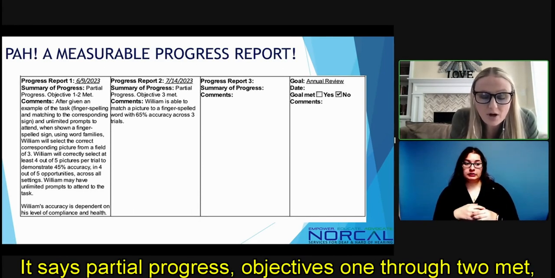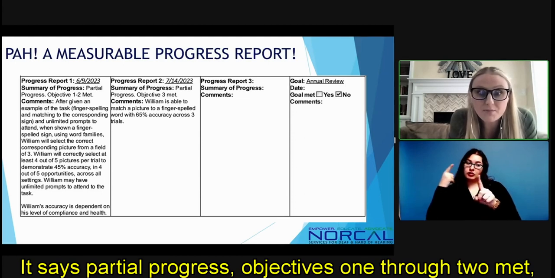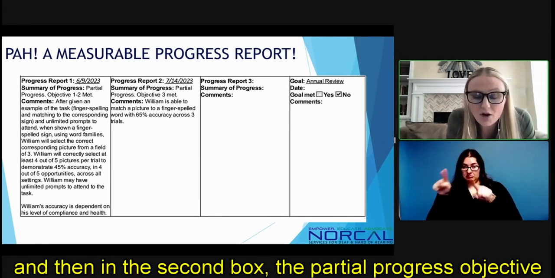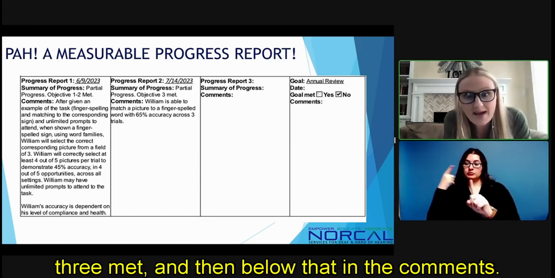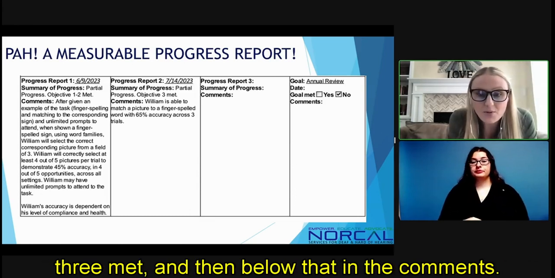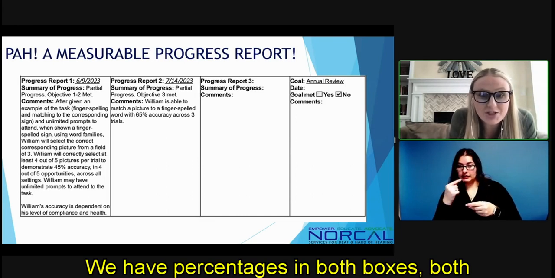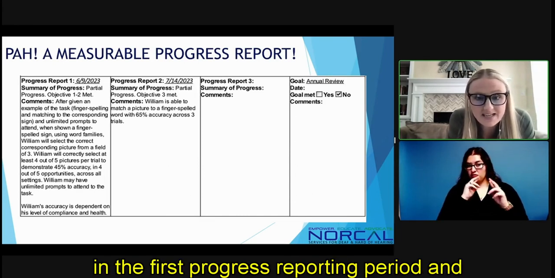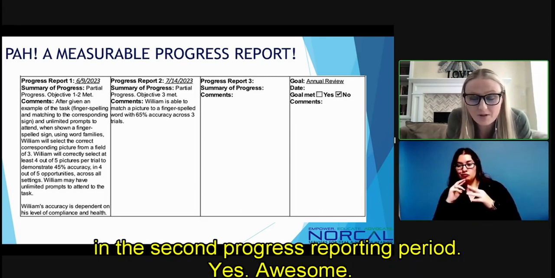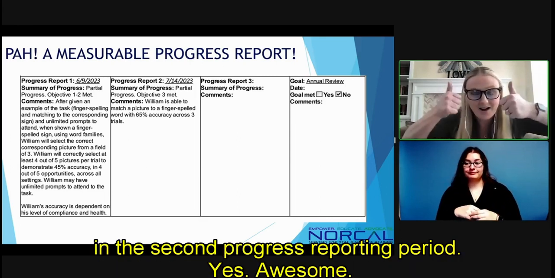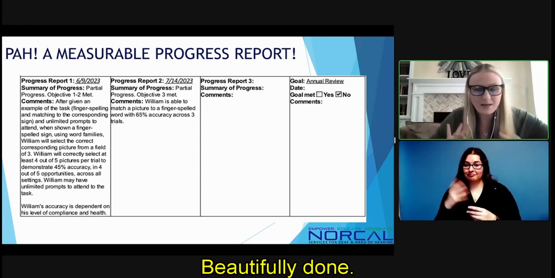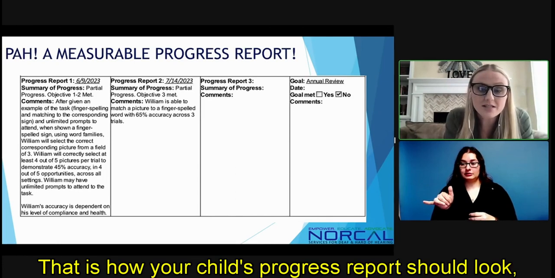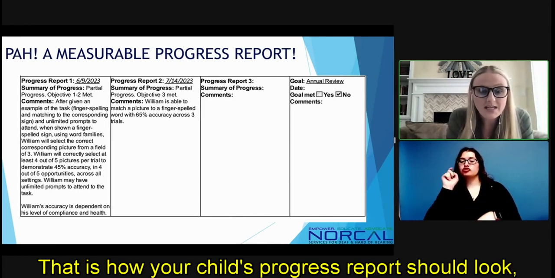It says partial progress, objective 1 through 2 met. And then in the second box, partial progress, objective 3 met. And then below that in the comments, we have percentages in both boxes, both in the first progress reporting period and in the second progress reporting period. Yes, awesome, beautifully done, amazing case carrier.